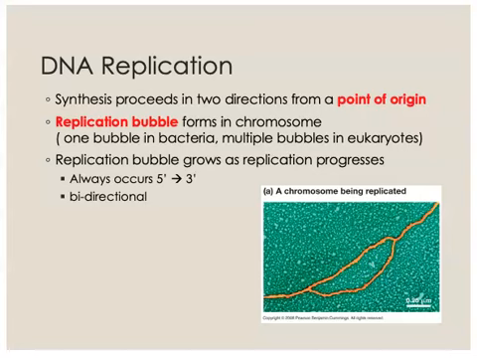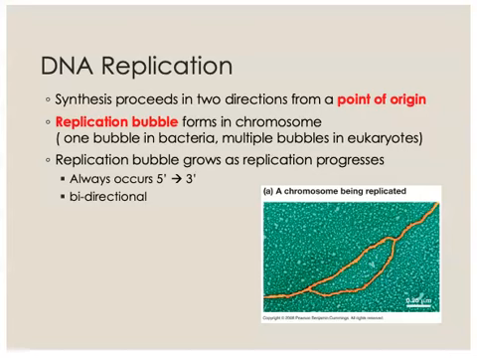In eukaryotic cells, because there are multiple linear chromosomes, you're going to find multiple replication bubbles. Not just one on each linear chromosome, but several on each linear chromosome. So that's one of these key differences between prokaryotic DNA replication and eukaryotic DNA replication.